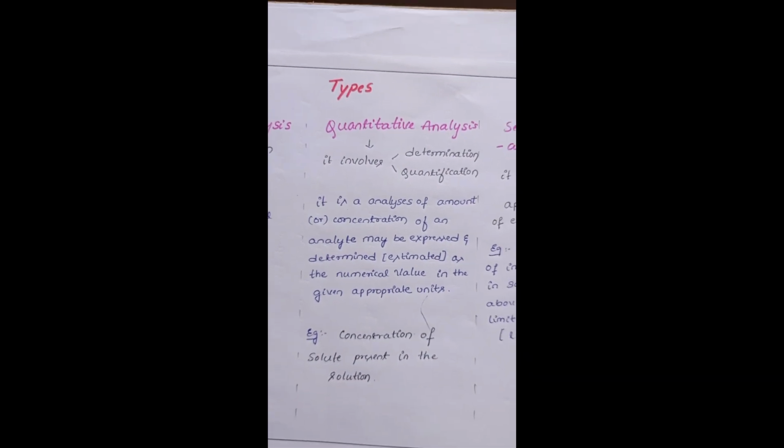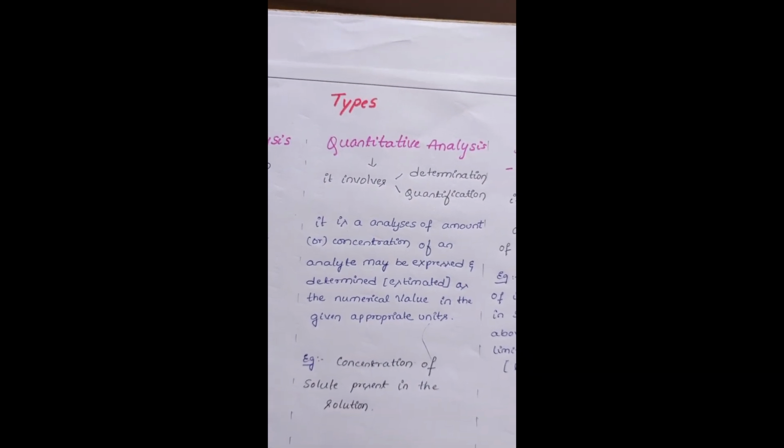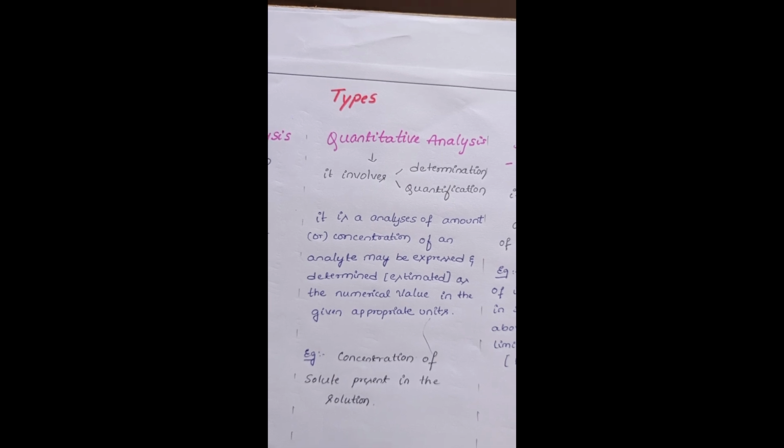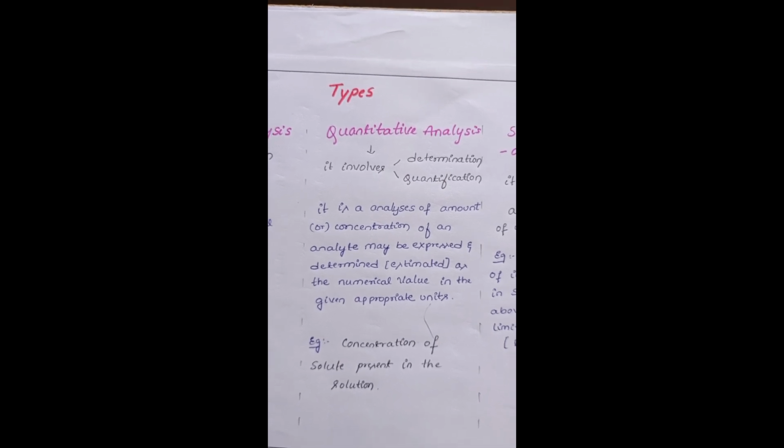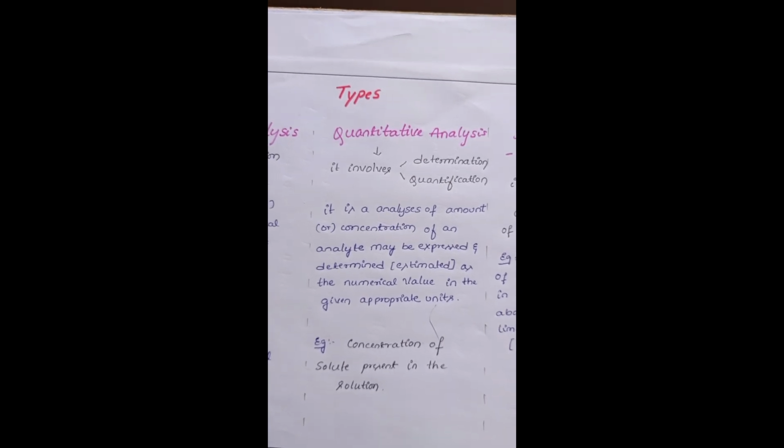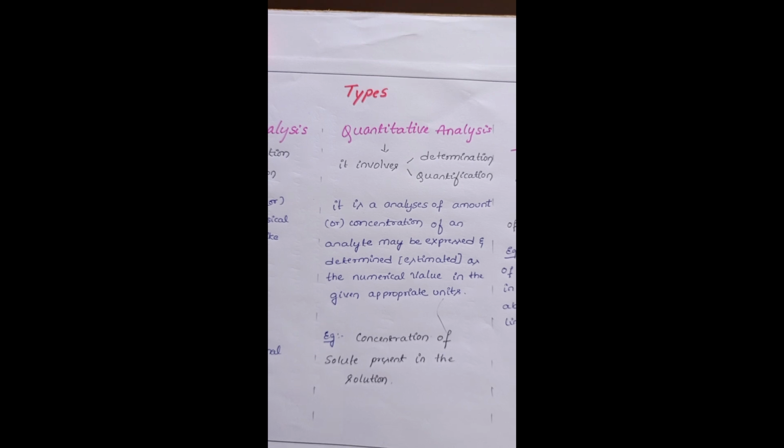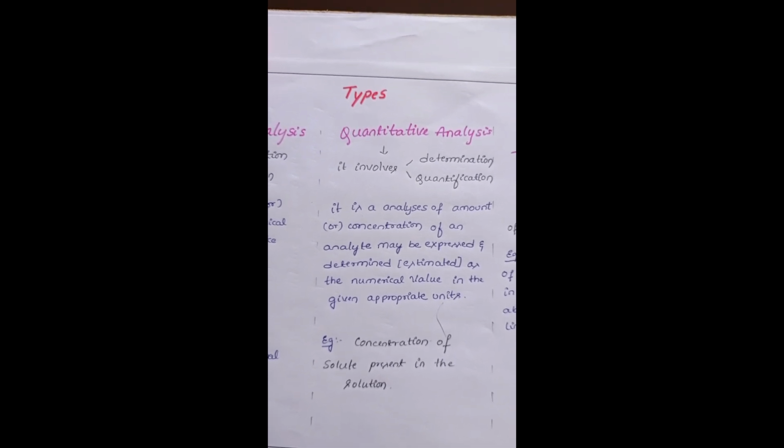Quantitative analysis is the analysis of the amount or concentration of an analyte that may be expressed, determined or estimated as a numerical value in the appropriate units. As I gave an example before, the concentration of solute present in the solution.